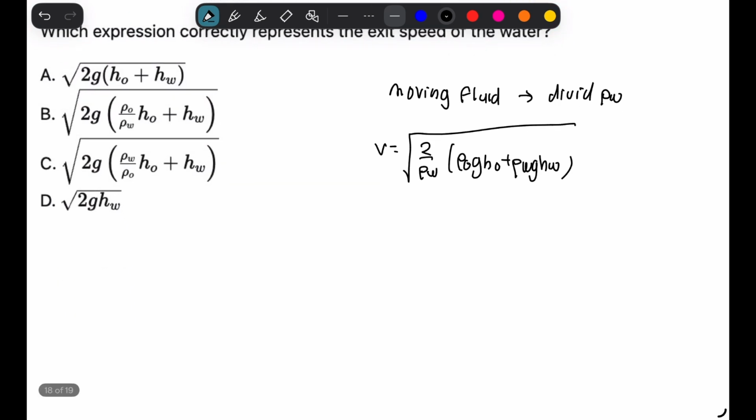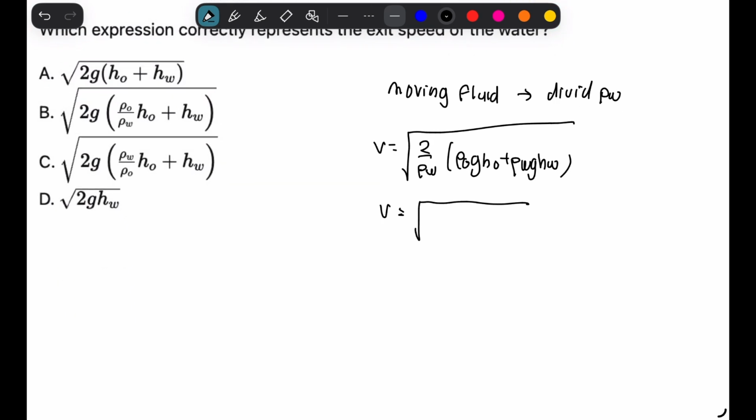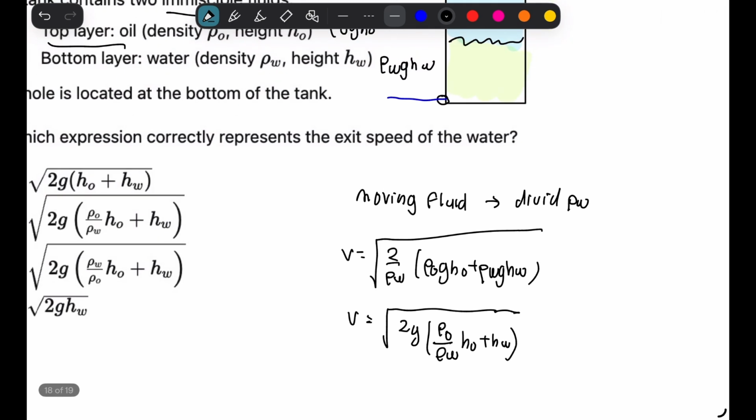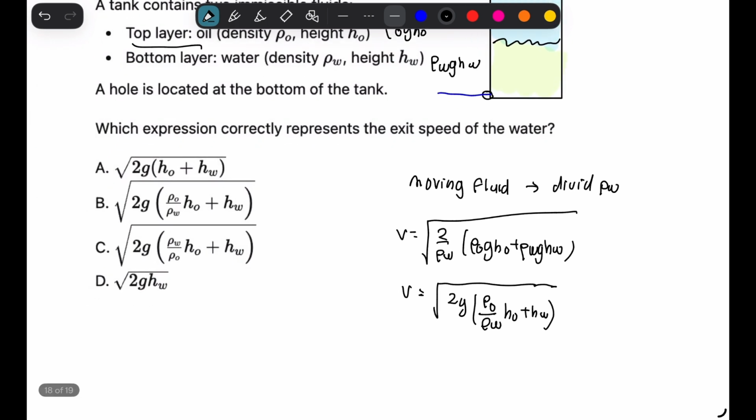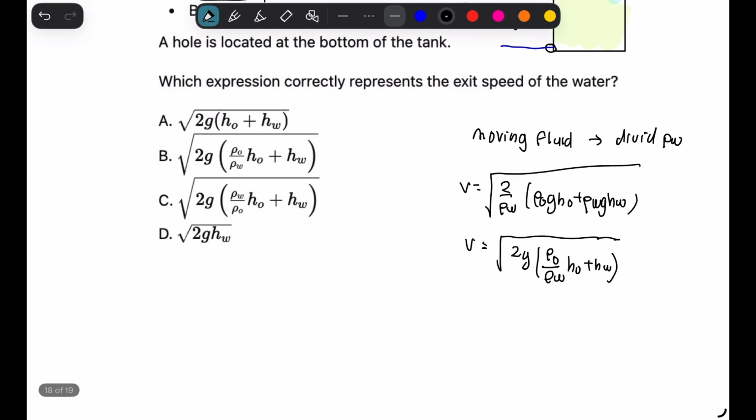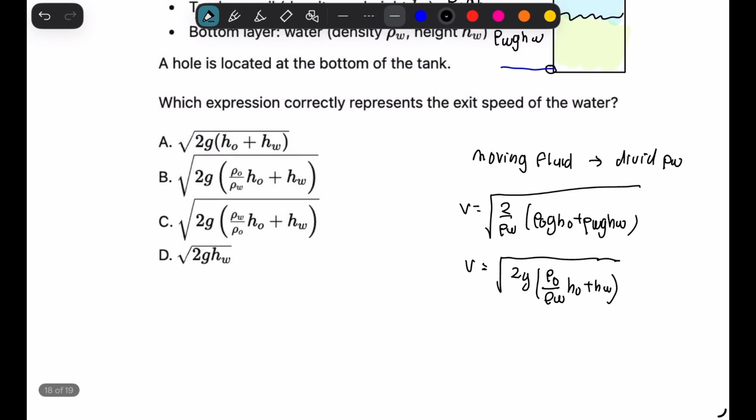And here V is equal to the root of 2g times rho oil over rho water h oil plus h of the water. And we can see that the pressure contributes from both of our fluids, but the kinetic energy is overall going to depend on the density of our moving fluid. So here we are going to have B, which is what we got right here.